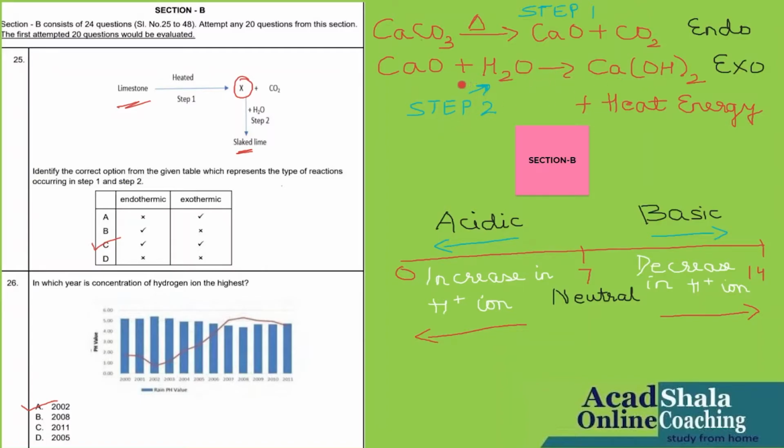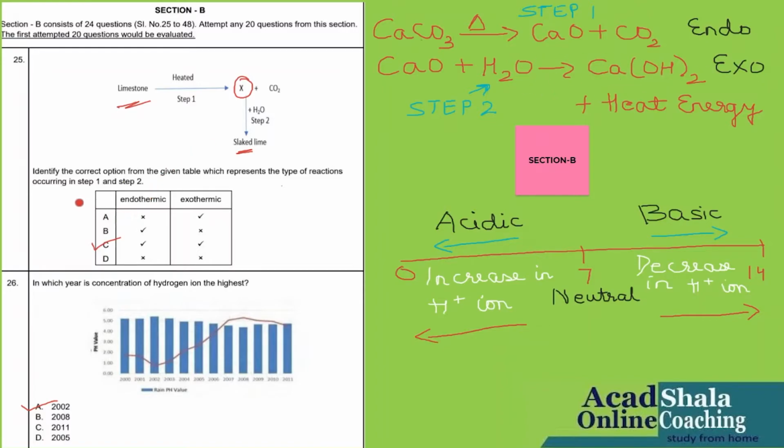Here I am seeing that a lot of heat energy is evolved. When a lot of energy is evolved, it is said to be an exothermic reaction. So I will write exo in the corner. Now I have done my job.